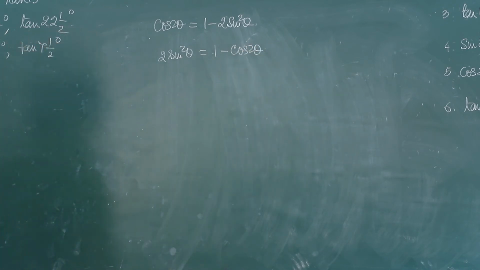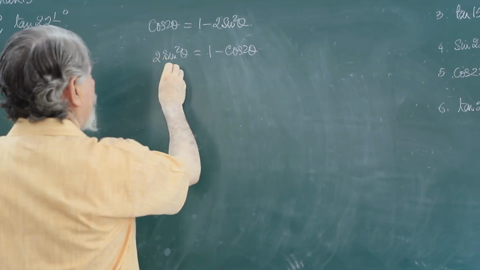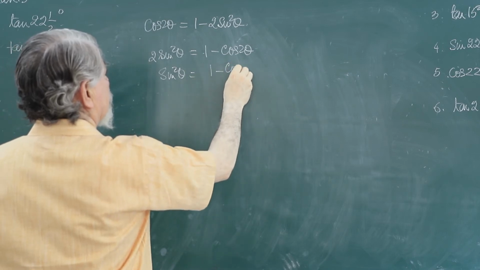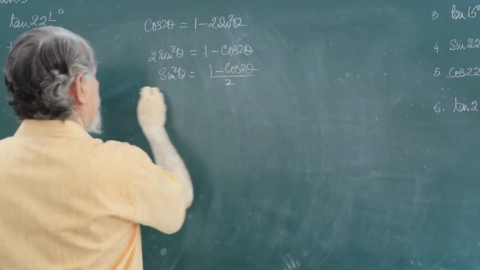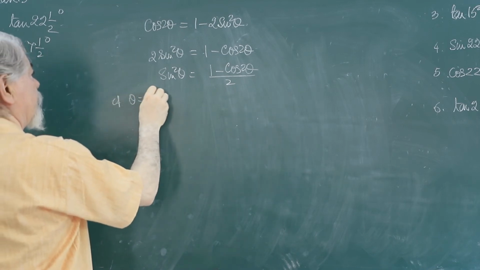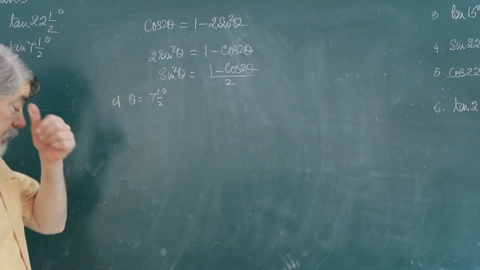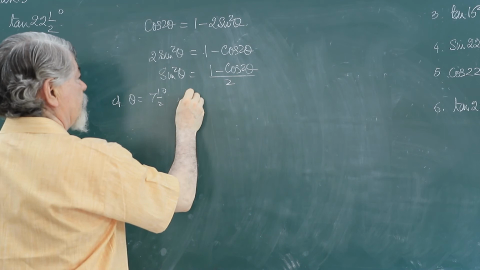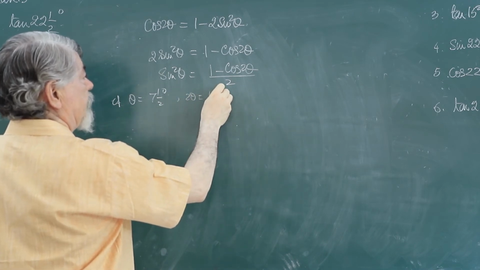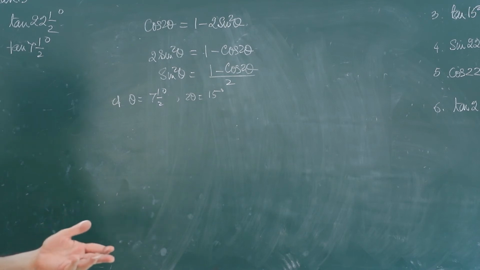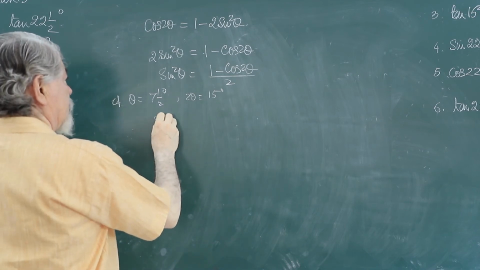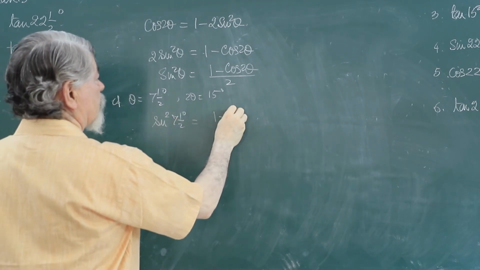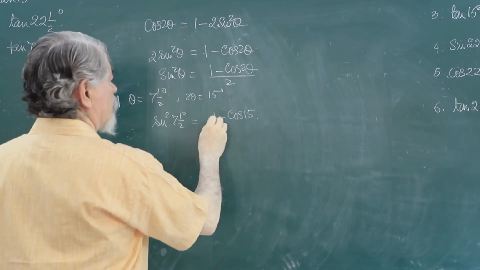Now the question is, sin square theta will be 1 minus cos 2 theta upon 2. If theta is 7.5, like here I want to calculate 7.5, then 2 theta will become how much? 15 degrees, just the double. So sin square 7.5 degree will be 1 minus cos 15 upon 2.